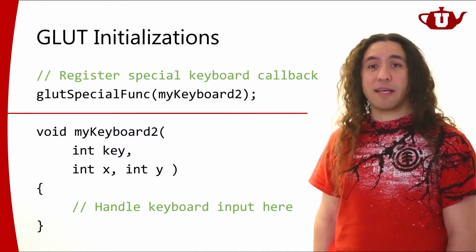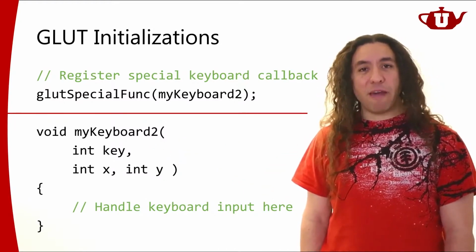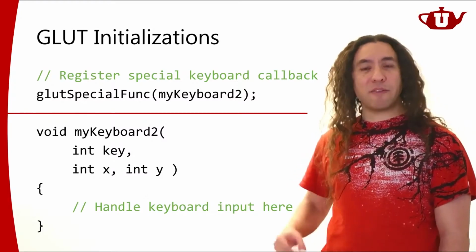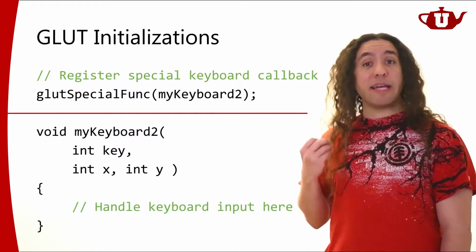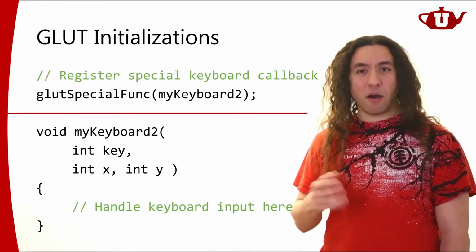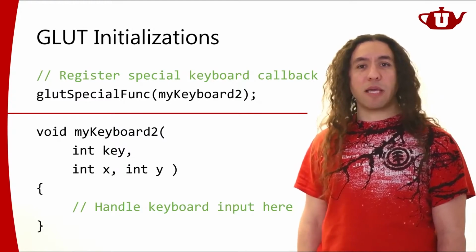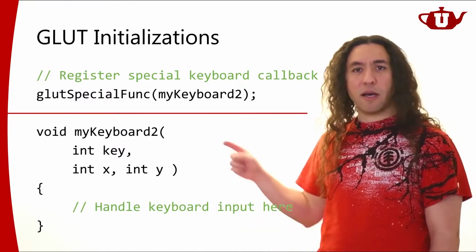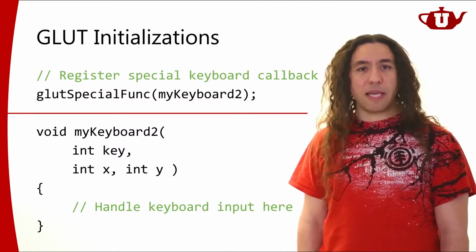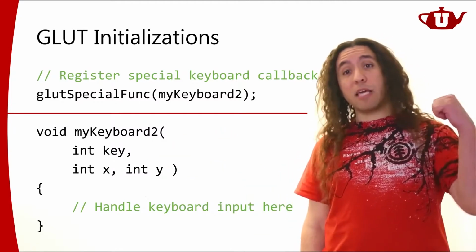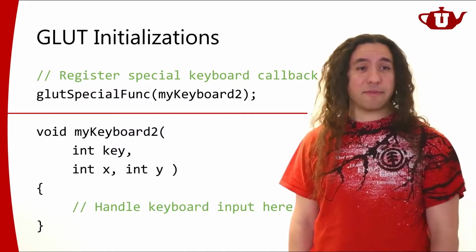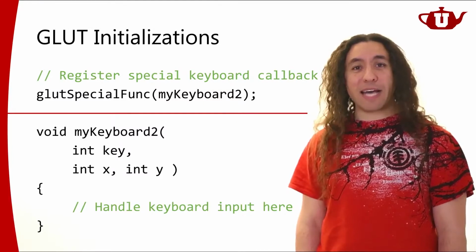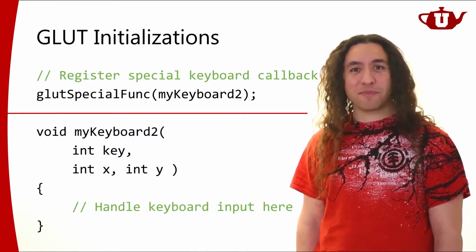An integer that has a specific value for each one of your keys. GLUT has a specific integer value attached to each key on your keyboard, so you can access those keys like so. If you hit any of the function keys, for example, you'll be able to get the key into this function, not the keyboard function, because the function keys do not have corresponding ASCII values associated with them.